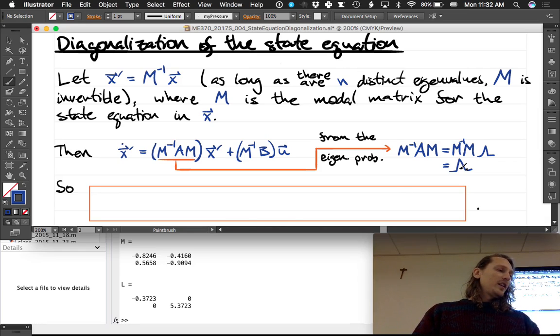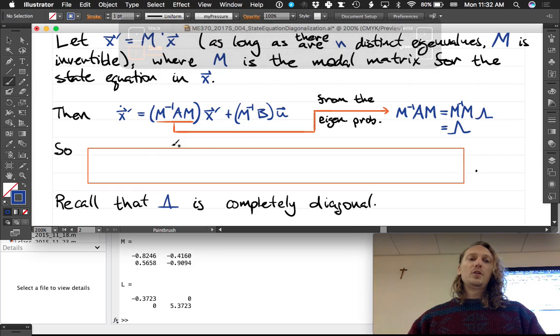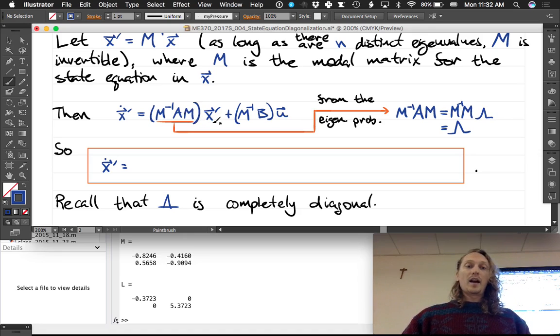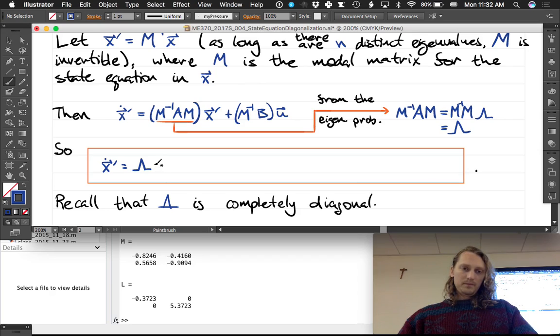That's pretty sweet, because we can now write our new transformed state equation as x prime dot equals, instead of M inverse AM x prime, we can just write lambda x prime plus M inverse B.